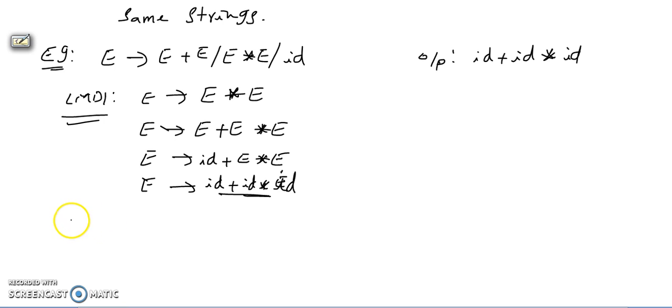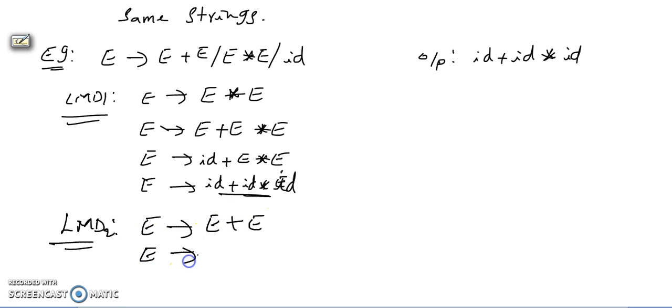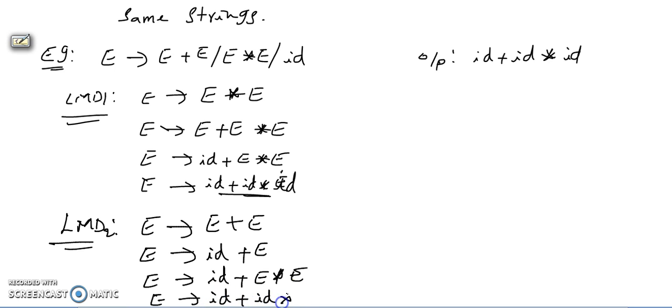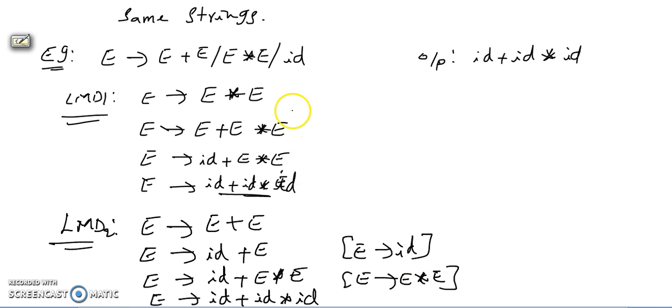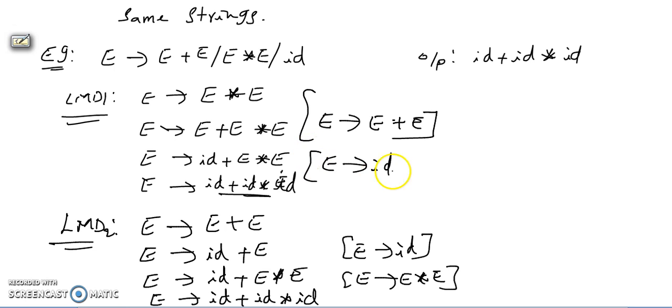Now LMD 2. Consider this one, E tends to E plus E. LMD means we substitute the leftmost, so we get ID plus E star E. In the next steps we derive ID and then ID again. At each step, capital E tends to ID, and capital E tends to E into E; similarly we derived E plus E. After that E tends to ID is substituted.